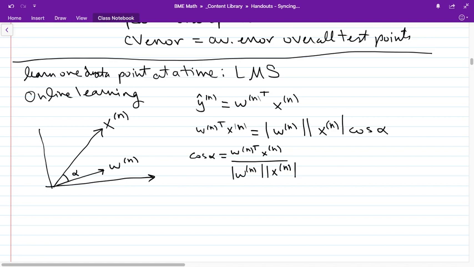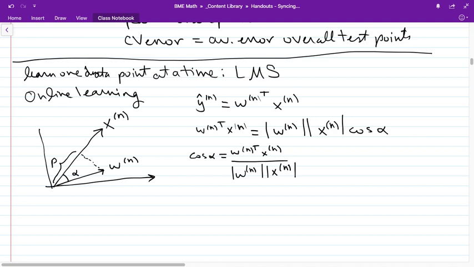Okay, well, what's the projection of the vector W onto X? So if I project this onto X, what do I get? I get some length, P. What is this relationship? So W of n, when I project it onto the vector X, it also depends on this angle alpha, right? In fact, it depends on something that has to do with the cosine of it.